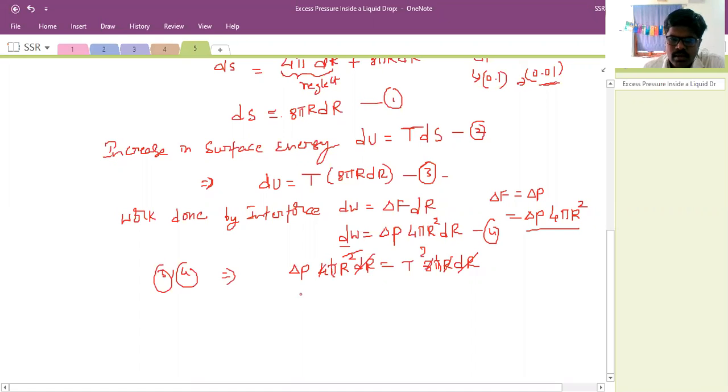So delta P into R is equal to 2T. So the excess pressure delta P is equal to 2T by R. This is the final relation.